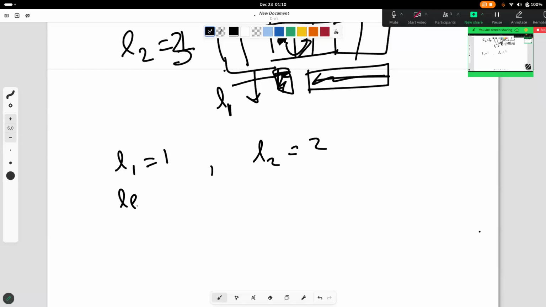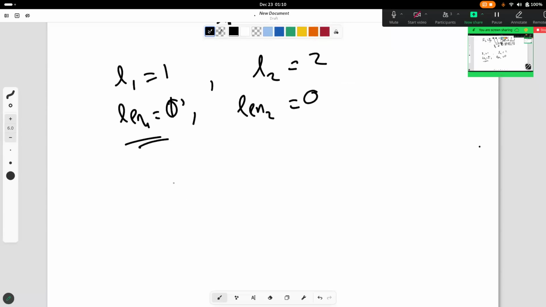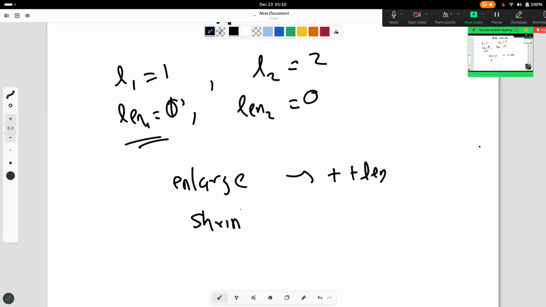And initially, let's just say that length 1 equal to 0 and length 2 equal to 0. And go on doing all these operations on them. If you want to enlarge, then increment the length. And if you want to shrink, then increment L and decrement length.